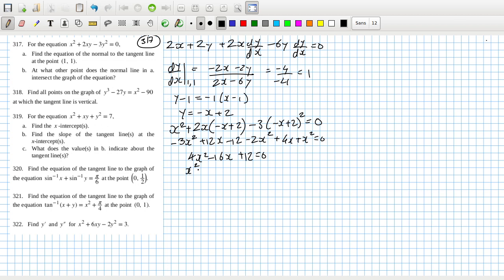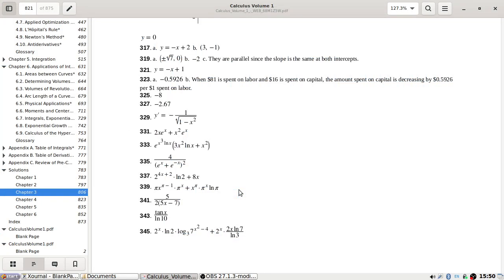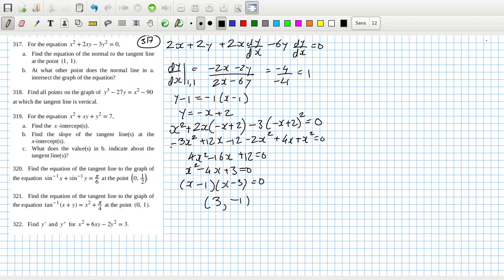So that's x squared minus 4x plus 3. So that's x minus 1, x minus 3 equals 0. So that's the original one. So it's going to be 3 and then minus 1. Yeah. Okay.